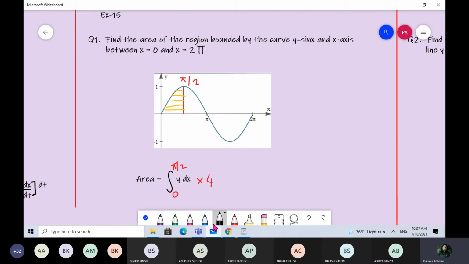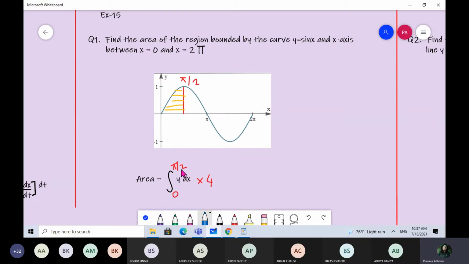So here there are two possibilities. We have two options. Either we take from 0 to pi by 2 or we take from 0 to pi. Okay, we have two options here, but to avoid the same situation again, always take the minimum possible integration.